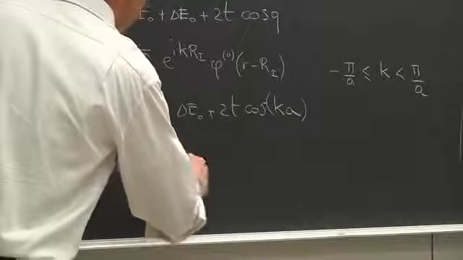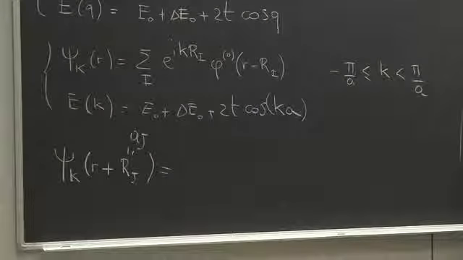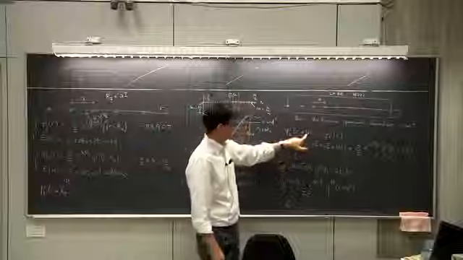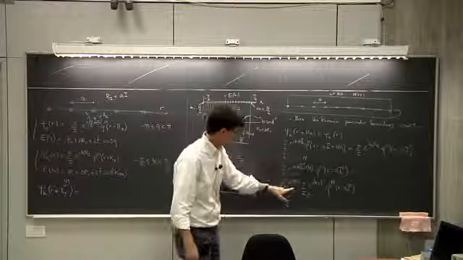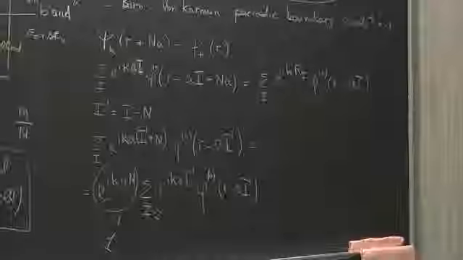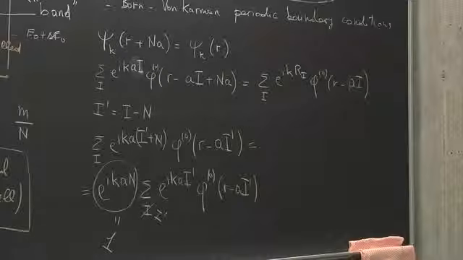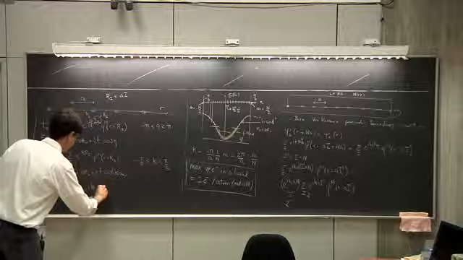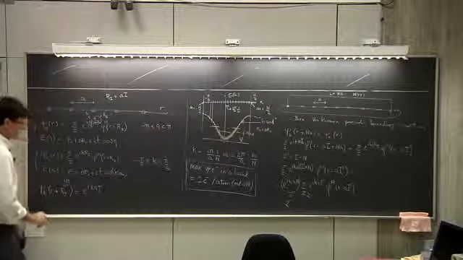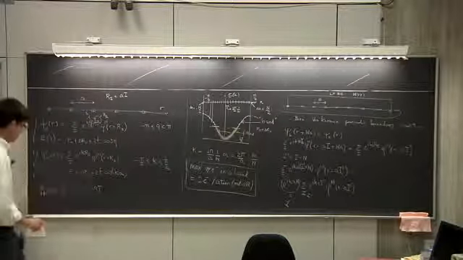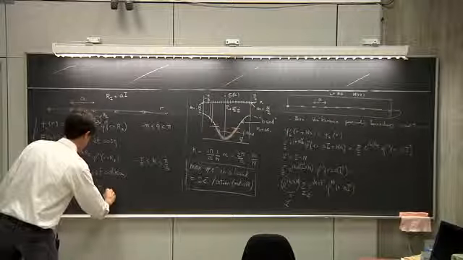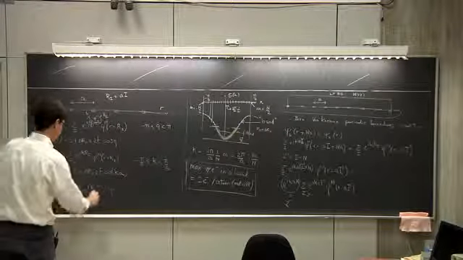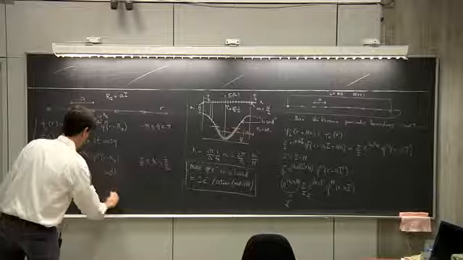What's happening if I do that? Don't ask me to repeat it, I can just replace j with n. Here I go. So what I get is e to the i k a j times the same wave function, that is psi of r.